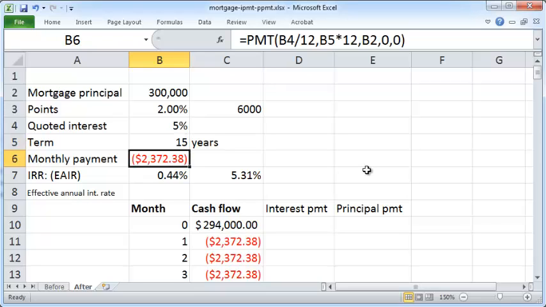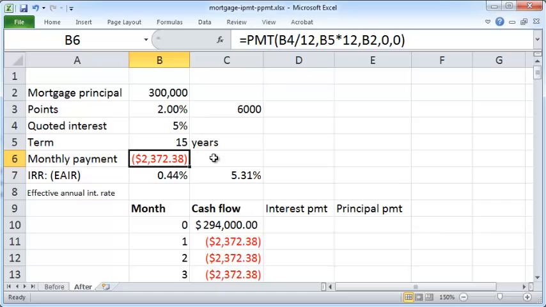Now, the monthly payment is this amount here, $2,372.38, which is computed by dividing the quoted interest by 12, because the quoted interest is a yearly interest rate and you wish to compute the monthly payment. So you have to divide 5% by 12, and your number of periods is B5 times 12. B5 is 15 years, but you're paying it over a monthly period.